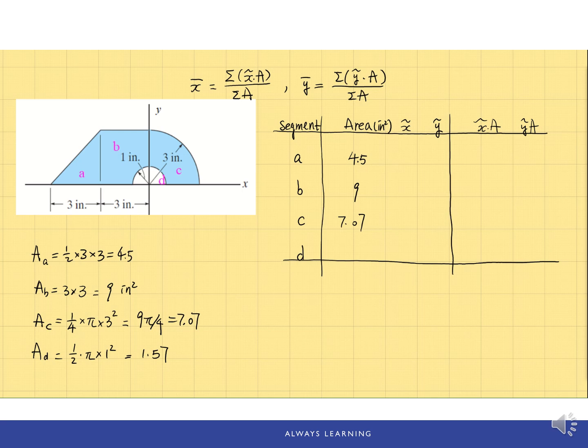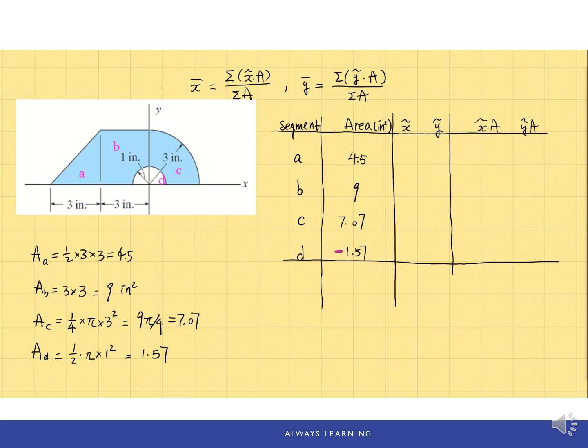But keep in mind that we're going to subtract the area of segment D. Therefore, you want to put a negative sign in front of this area to remind you that it's a hole that we need to subtract from the sum.